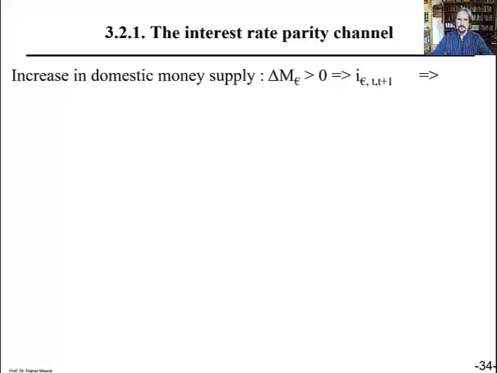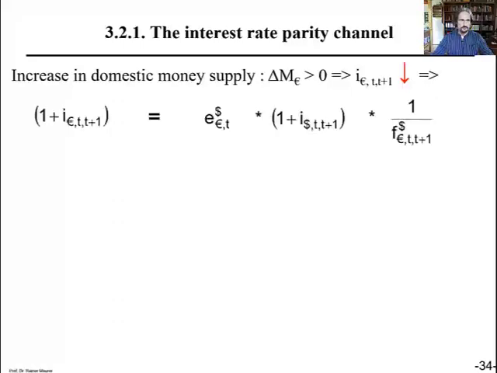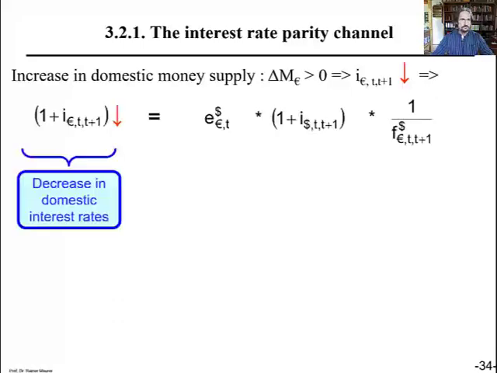If the central bank increases domestic credit supply such that the domestic interest rate falls, the interest parity equation is disturbed in the first moment, such that an investment in a Eurobond provides a lower return than an investment in a dollar bond.